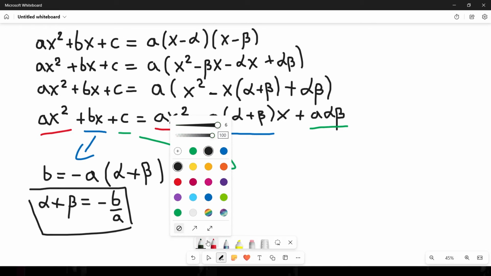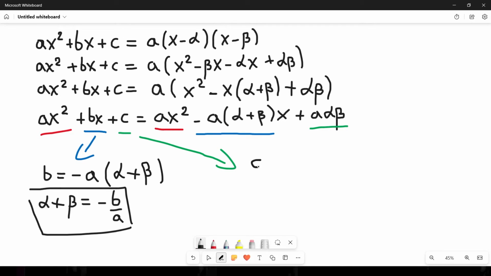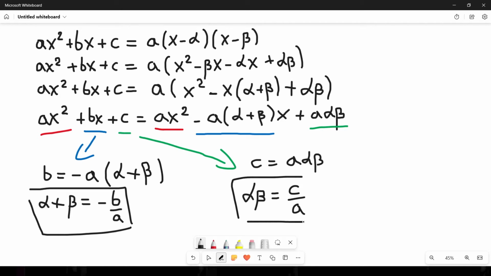And when we look at the green line, we see that c is equal to a times alpha times beta, and alpha times beta, which is the product of our roots, is equal to c over a, which is good because we got that formula as well. That was the proof part of our video.